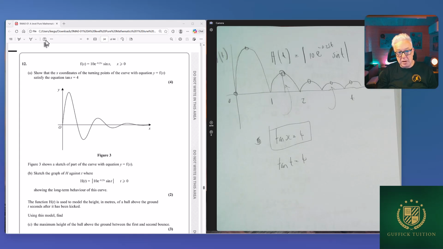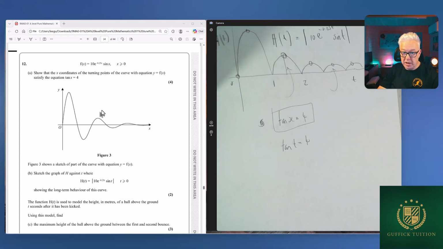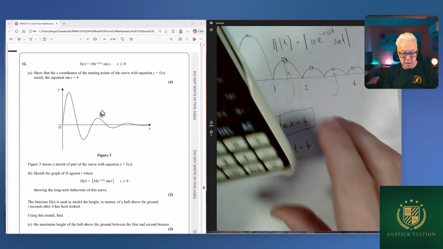You could easily get caught out by this question because there's no radians or anything to make you realize that that's the case. In order to get the correct solution to this, you just need to know that if you're differentiating trig, then by definition you have to be working in radians. Okay, so that's a really important point where I think you could lose marks.